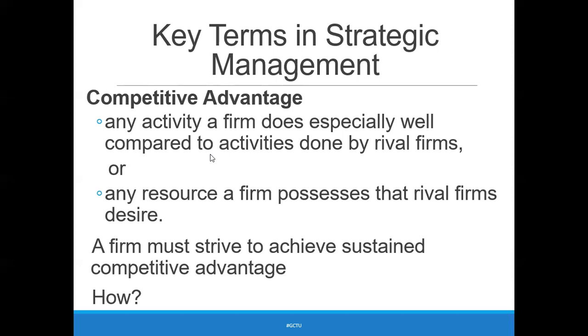So at any point in time, the firm must be sensitive to what is happening in its business environment. It is this information that will help you to know how you can utilize your technology to outdo your rivals.